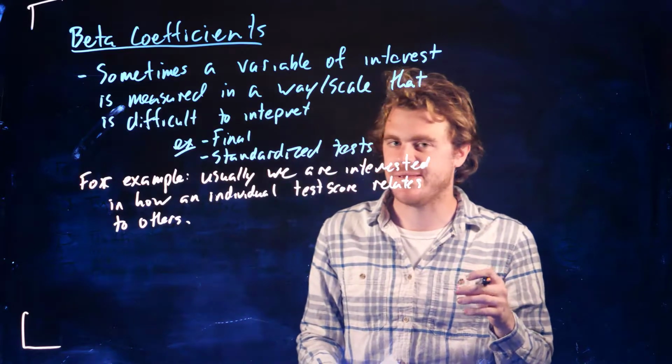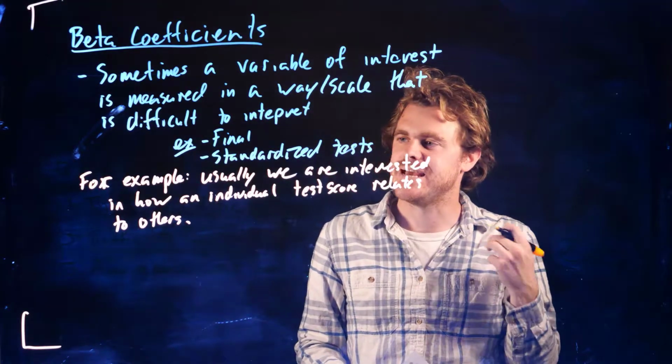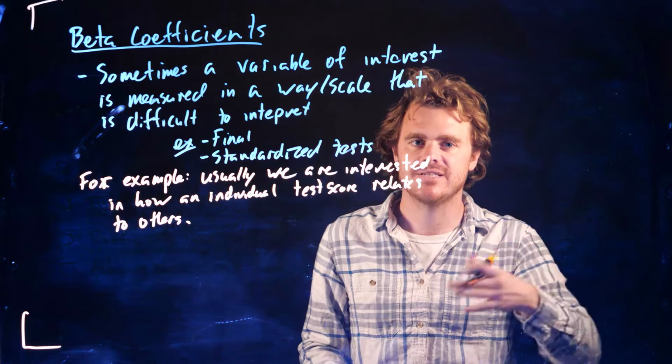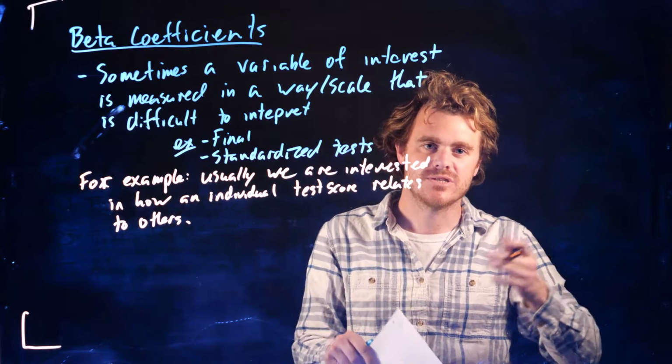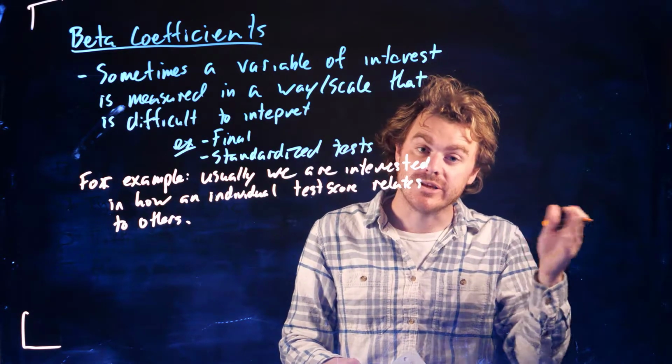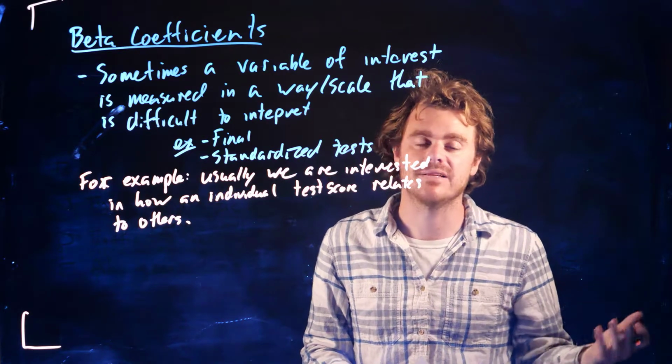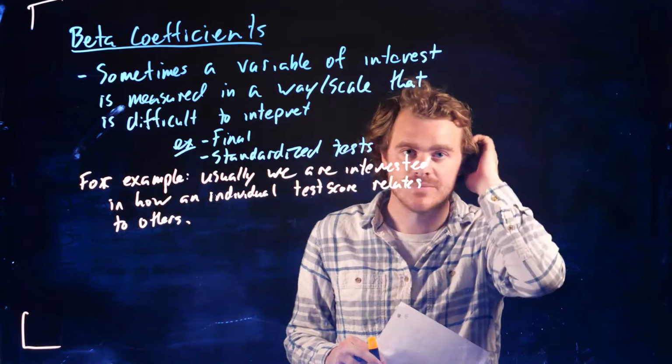So we're not usually interested in the absolute number of a standardized test score, but we're interested in this person's relative ranking or relative score, and how that may impact, let's say, wages or something like that.